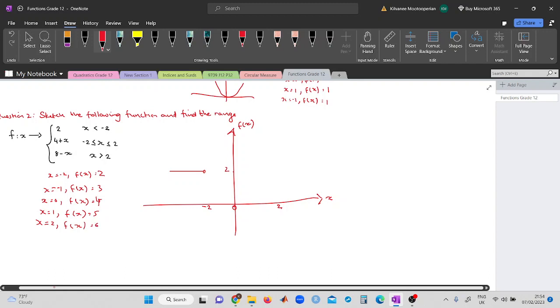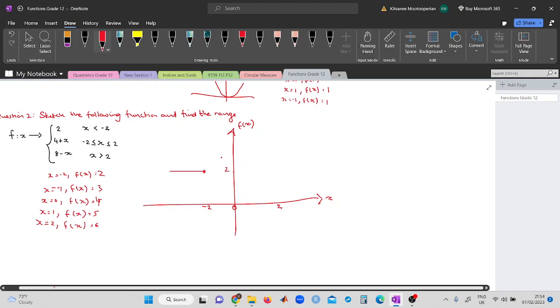So, basically, 4 plus x is an increasing function. When it is minus 2, it is 2, so it starts here. Okay, minus 2, yes, it's good. Minus 1, un petit peu par là, il peut monter. Donc, basically, it is an increasing function là.